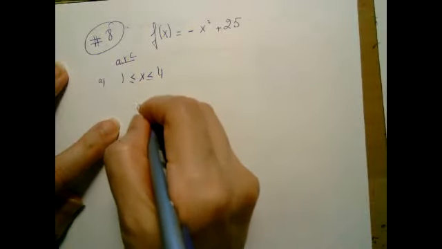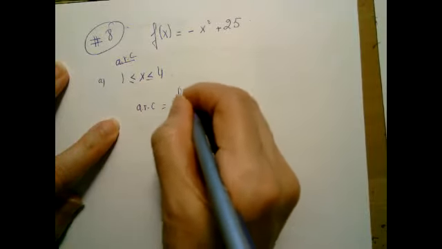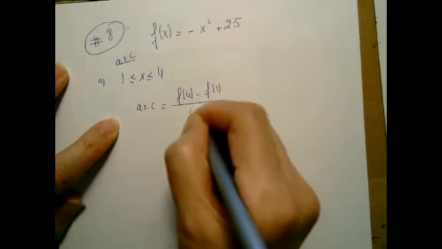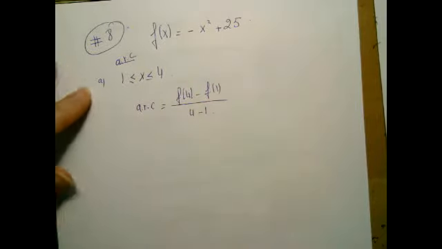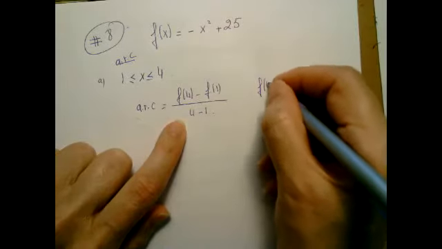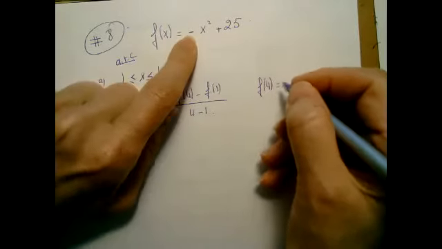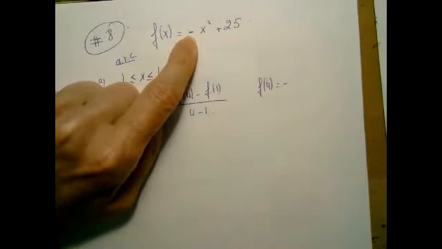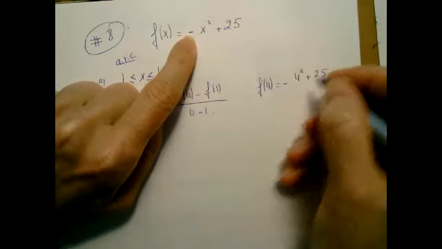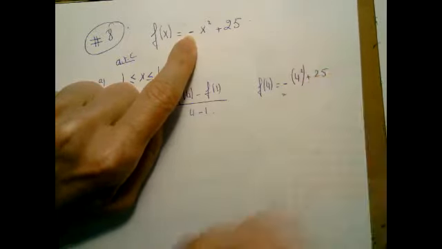The average rate of change is nothing more than f of 4 minus f of 1 over 4 minus 1. To compute it, we need both values. Let us compute f of 4. What is f of 4? Watch, there is a minus: minus 4 squared plus 25. The minus is in front.